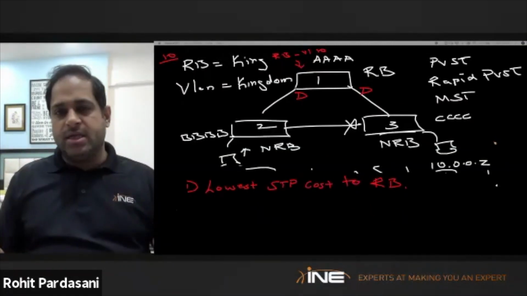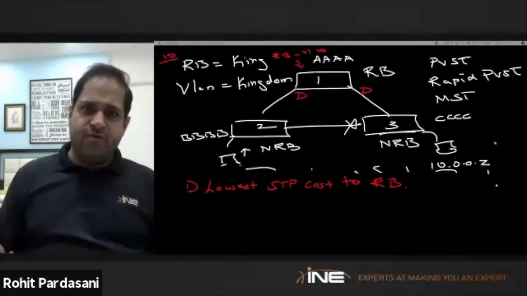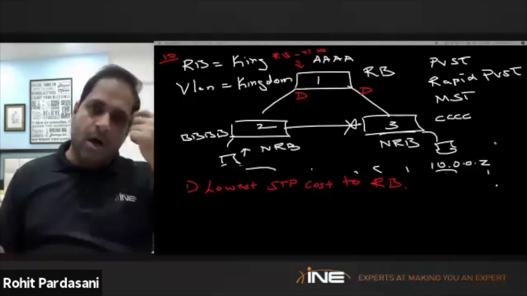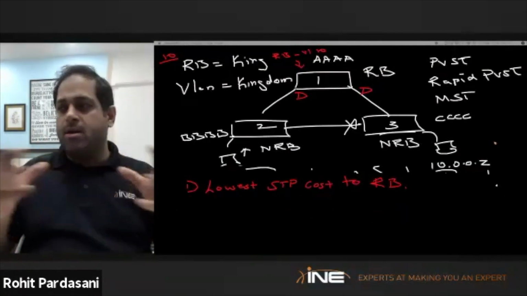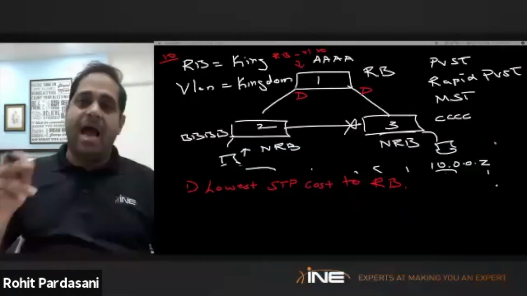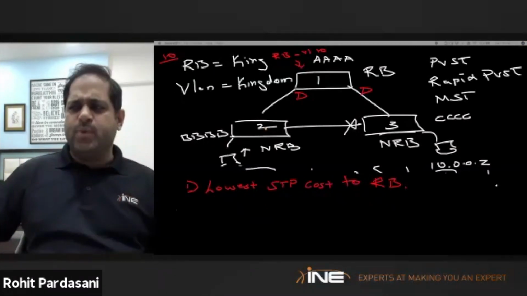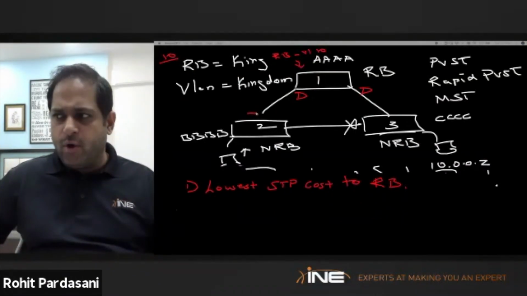So cost is based on local interface spanning tree cost plus advertised cost. So it's not just your cost. It's an accumulated cost, your interface spanning tree cost plus advertised cost. So let's look at switch 2. Assuming all these links are fast Ethernet, what's the cost going to be on this link?